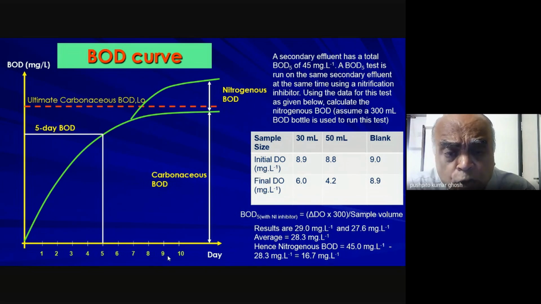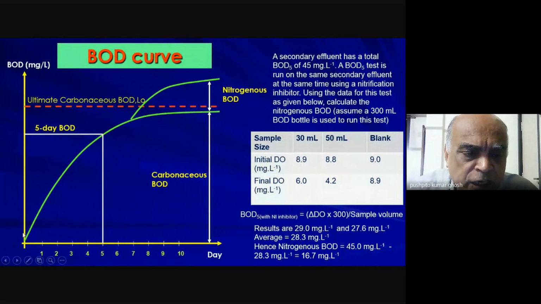So that will also consume oxygen. Now, you don't know what the relative contributions of other constituents are in that BOD. Typically, the oxidation of carbonaceous matter sets in fast, and of course it will keep tapering, and ultimately you will reach the ultimate BOD as far as carbonaceous matter is concerned.